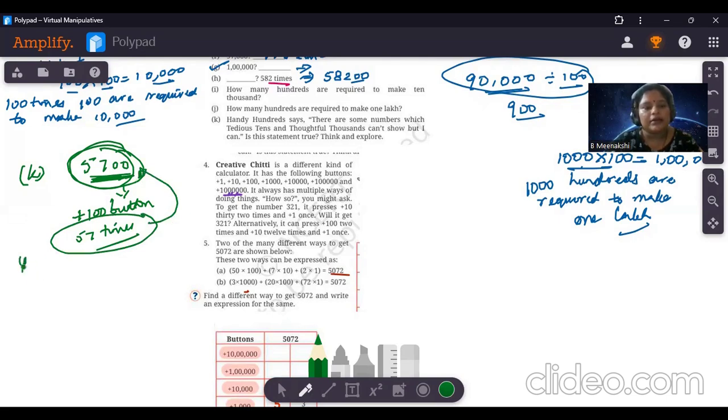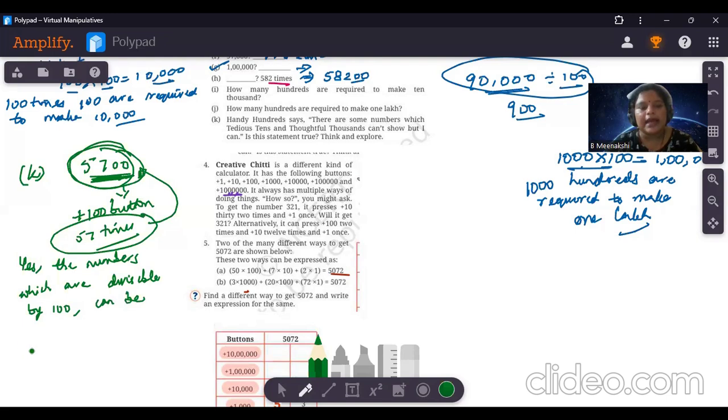So we can say, yes, the numbers which are divisible by 100 can be displayed in handy hundreds. So this is the answer for A.